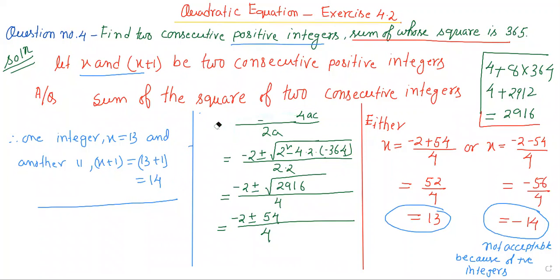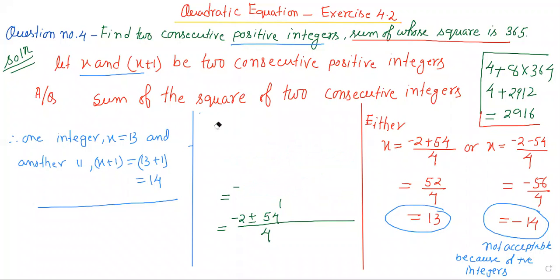Now if you want to verify, you can do verification. Okay, so here it says two positive integers, the sum of whose squares is 365. That means 13 square plus 14 square is equal to what? 365.